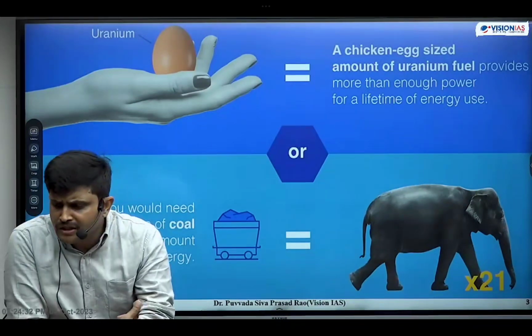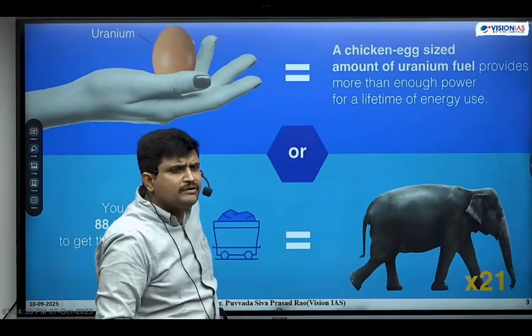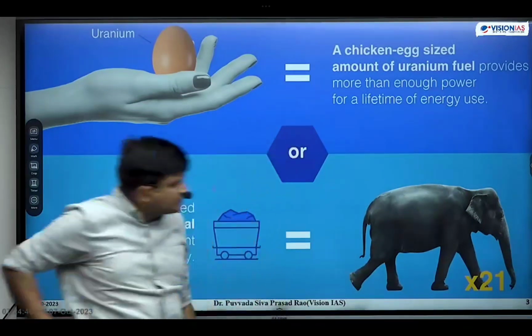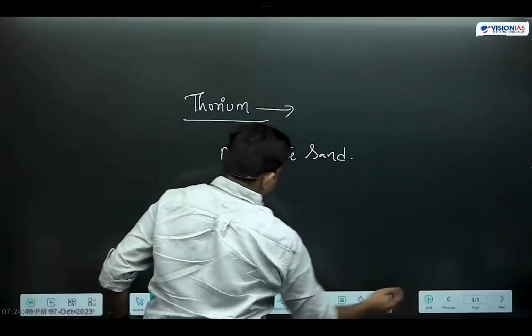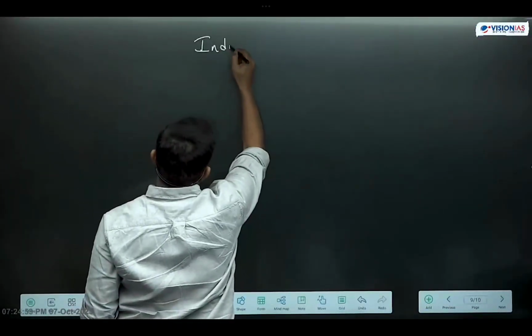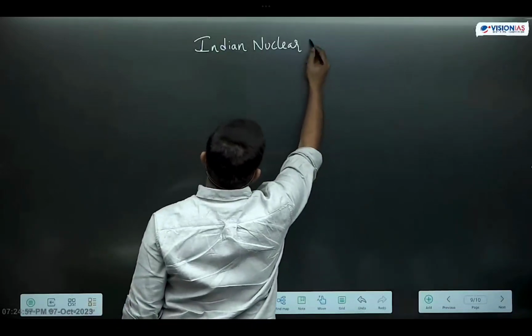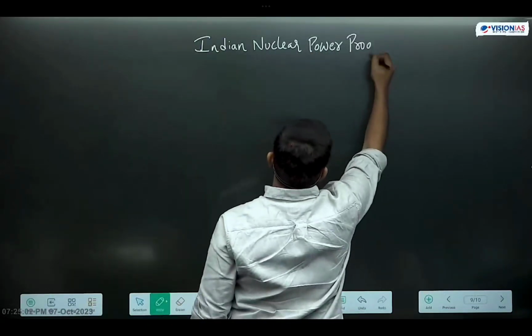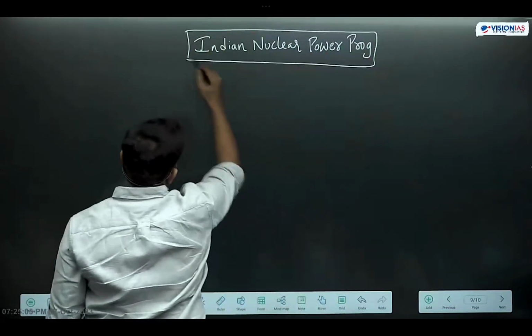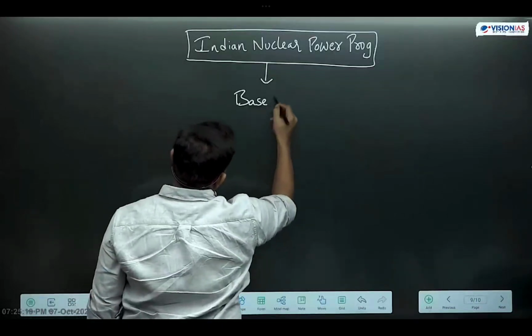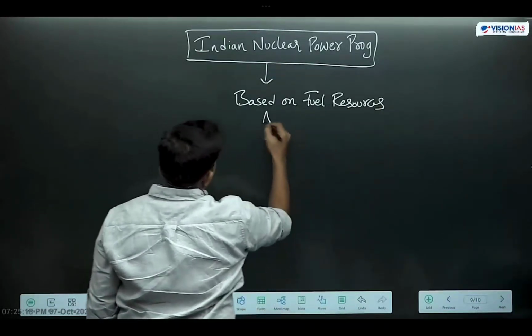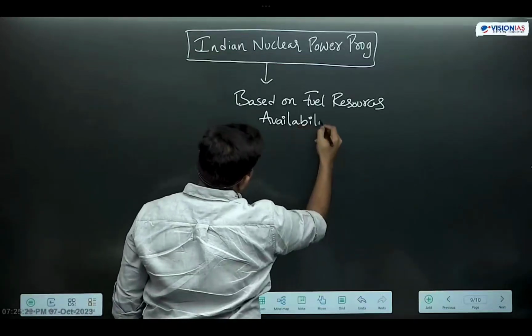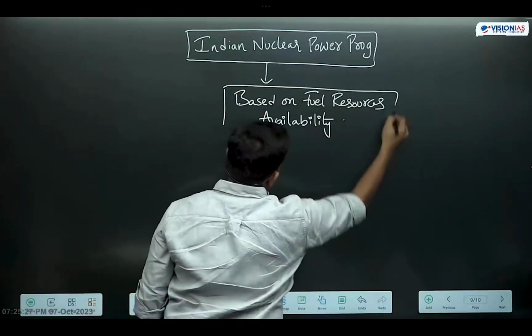Next one is the heading: nuclear power program of India. The Indian nuclear power program is based on fuel resources availability.